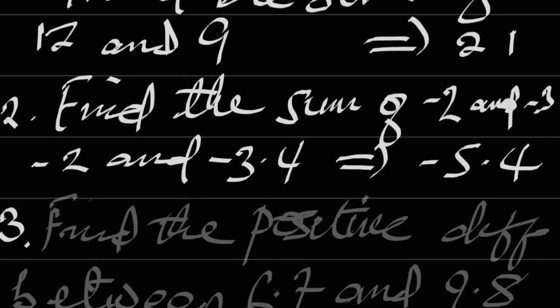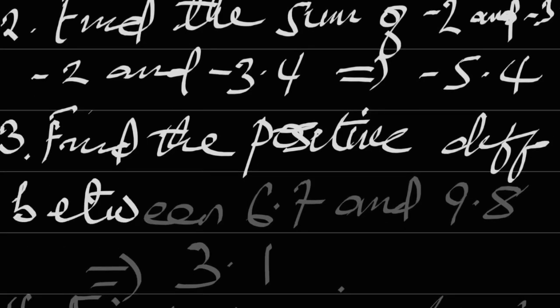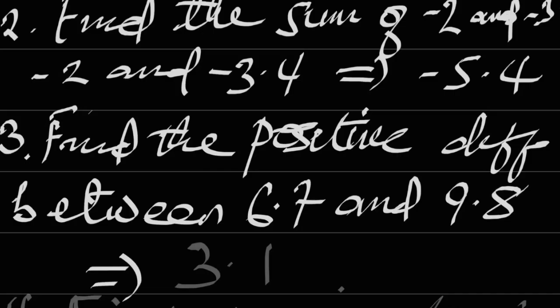Question number 3. Find the positive difference between 6.7 and 9.8. If your work is correct, your final answer will be 3.1.